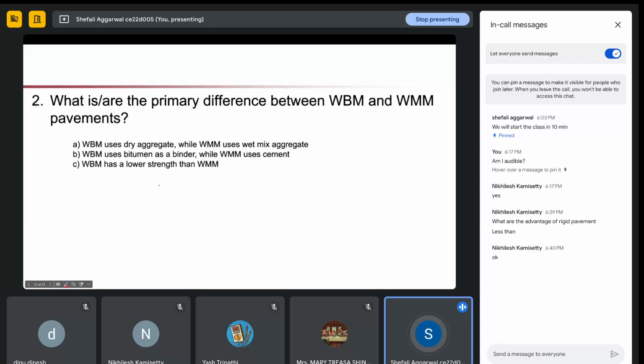Okay, so second question is, what is or are the primary differences between WBM and WMM pavements? Water bound macadam and wet mix macadam pavements. WBM uses dry aggregates, WMM uses wet mix aggregate. WBM uses bituminous binder, WMM uses cement. WBM has a lower strength than WMM.